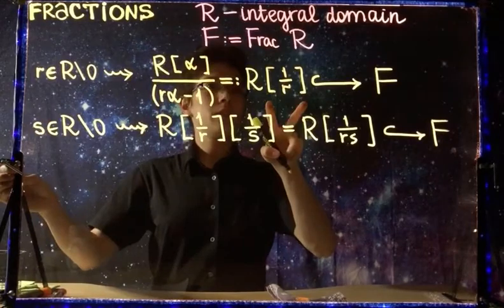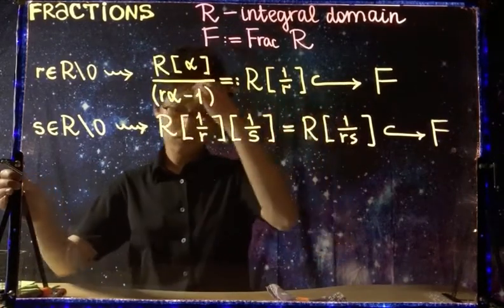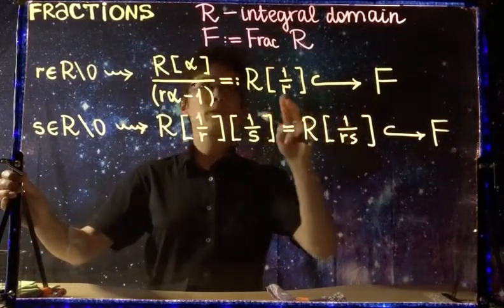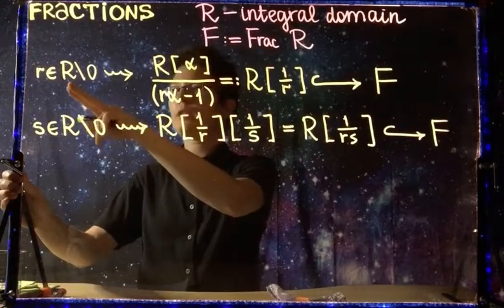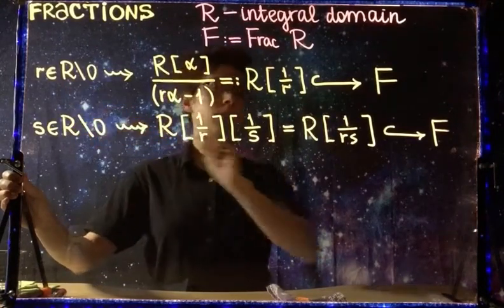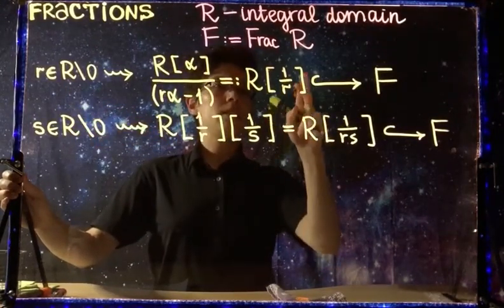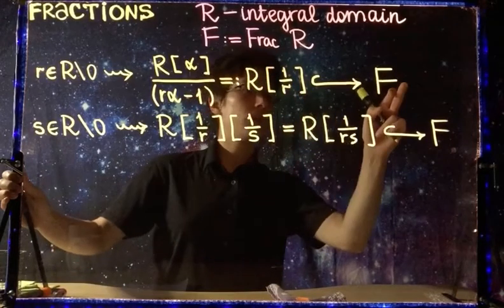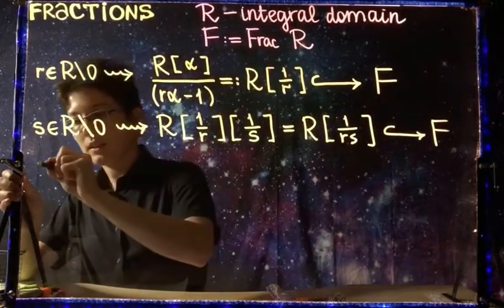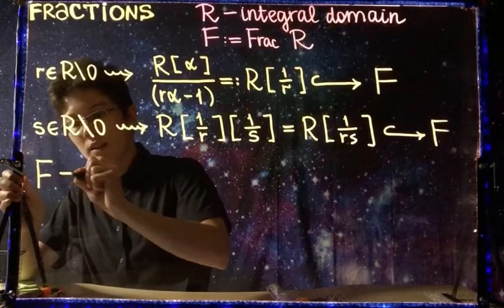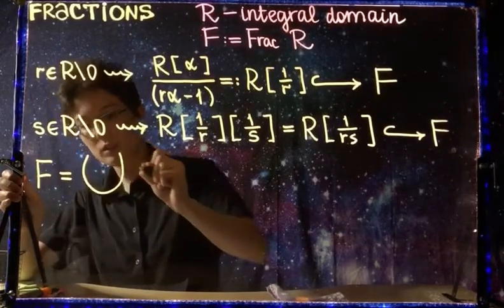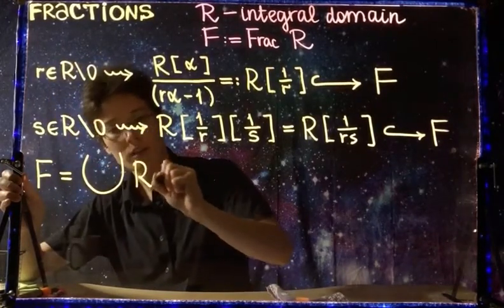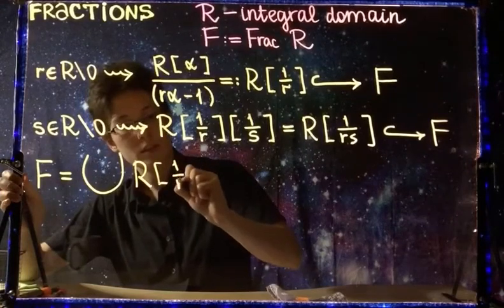And via these embeddings, for every non-zero element R in R, we can consider this as a subset of F. And as a set, F is equal to the union of these subrings.